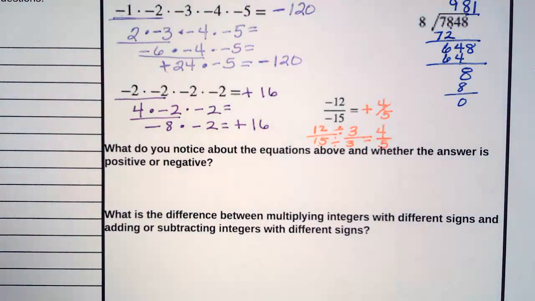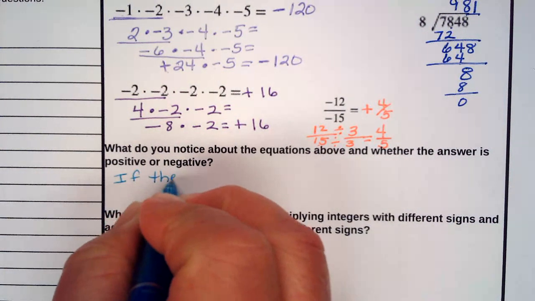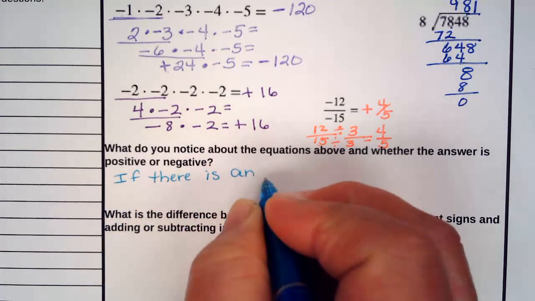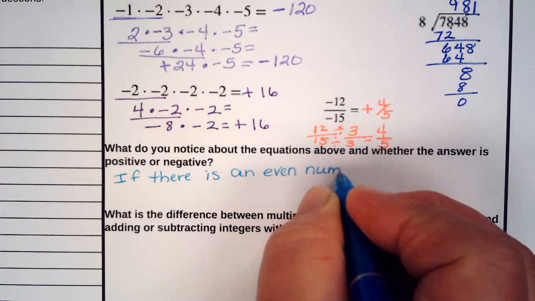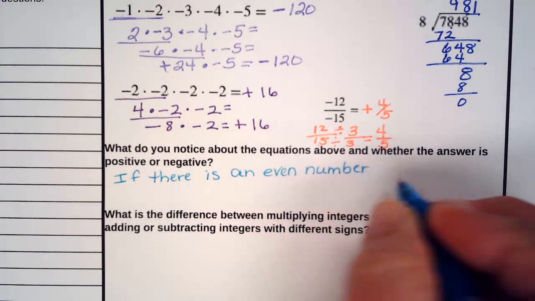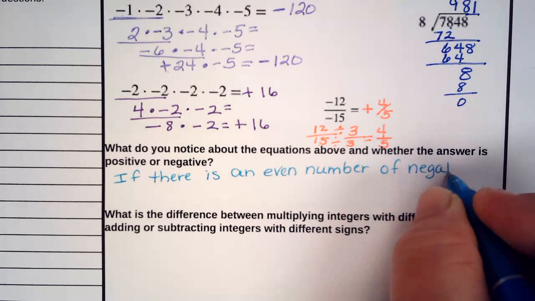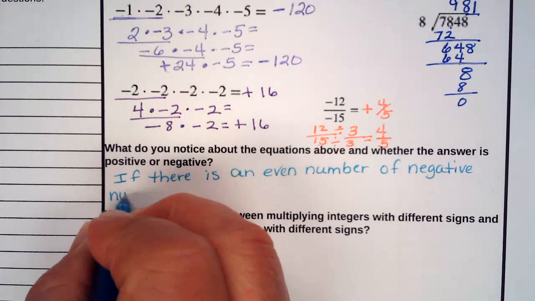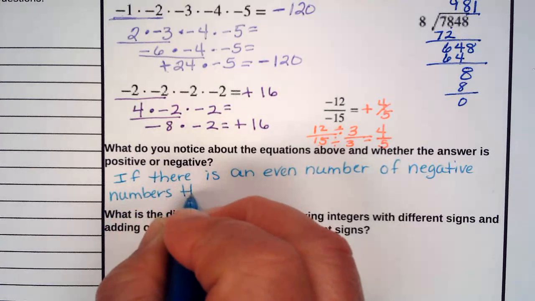So if there is an even number of negative numbers, the answer is positive.